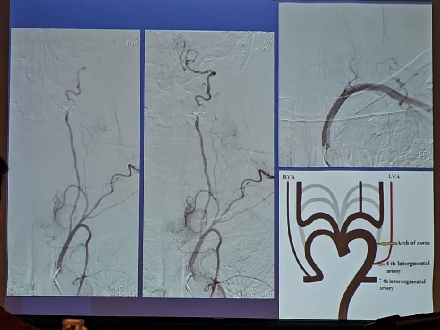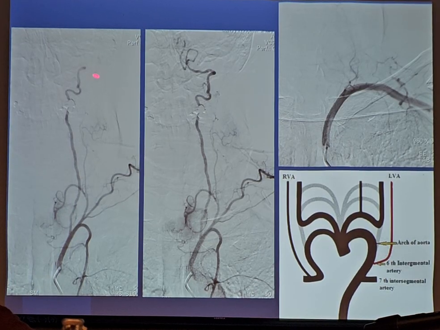You can see this one trunk coming directly from the aortic arch. You have a thyroidal branch, vertebral artery, and deep cervical artery branches like this.